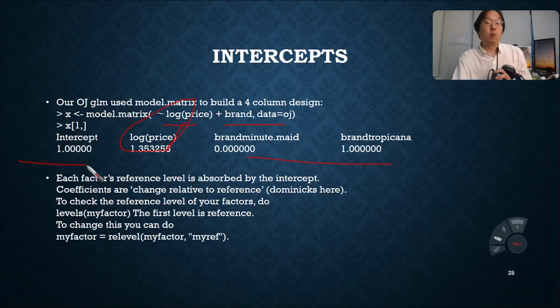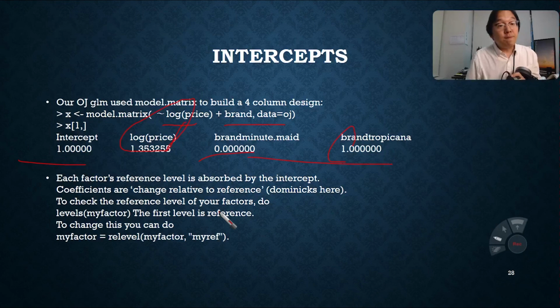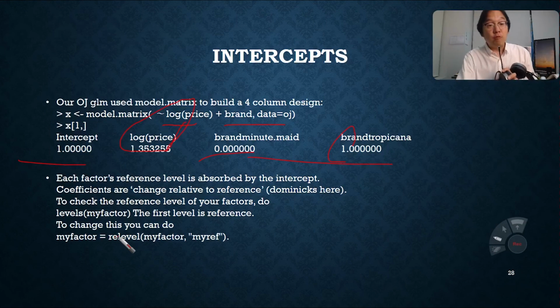That's why we have 1 over here and 0 over there. Each factor's reference level is absorbed by the intercept. Coefficients are changed relative to the reference. Use the command to check the reference level of your factors. With 2 levels, the first level is the reference. What do you mean? The reference variable, the default.